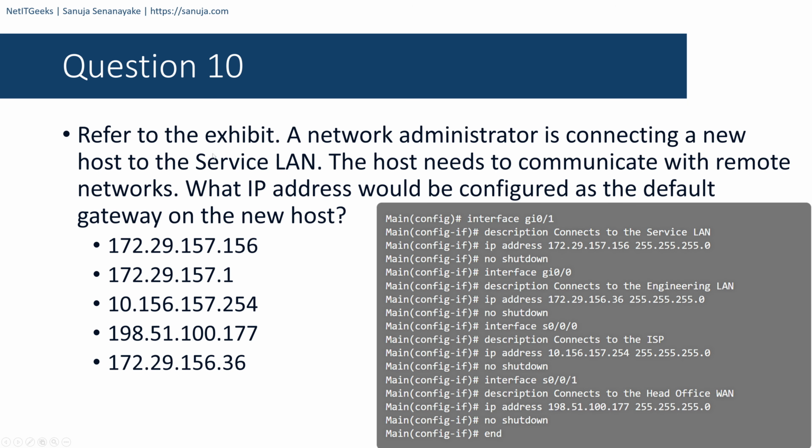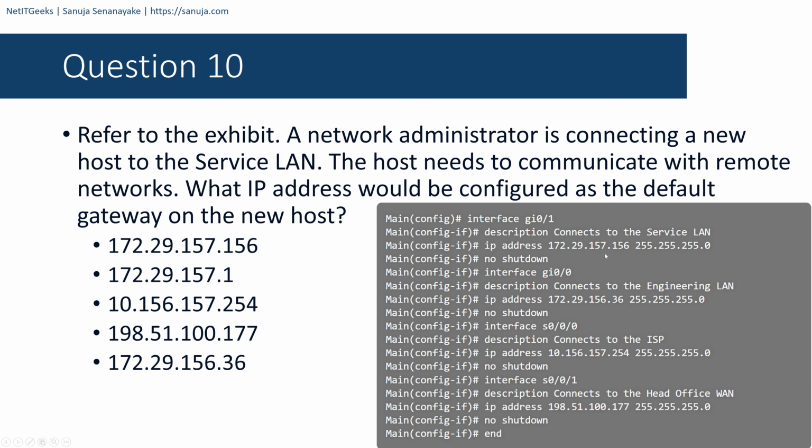Because the first part of the question says a network administrator is connecting a new host to a service LAN, they're asking what would be the IP address configured as the default gateway of that host. If you look at all the descriptions here, the only one that has service LAN is this very first one.